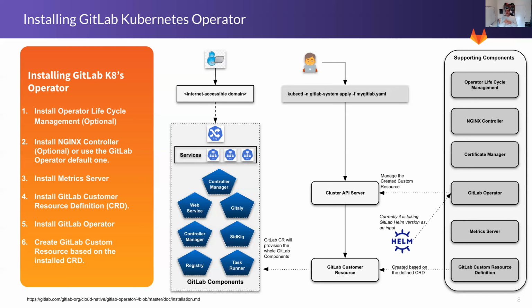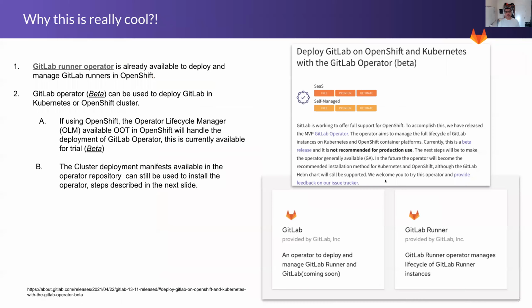But there are two main components here. The custom resource definition, which defines this new resource in the Kubernetes cluster, and the operator, which will be responsible for managing that resource in the Kubernetes cluster, of course, through the API server. I think we covered this one.